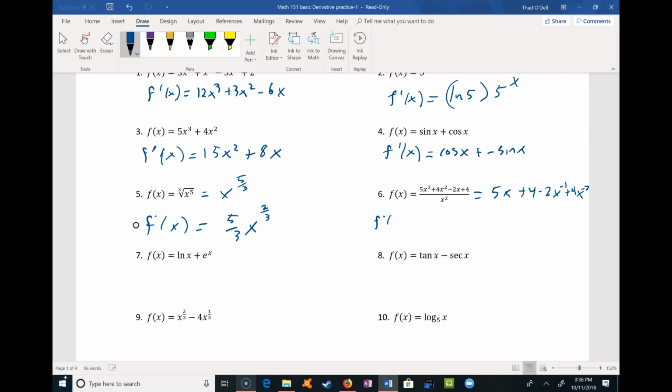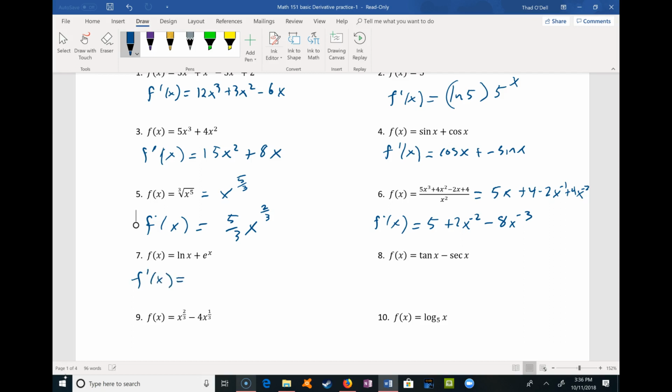So then when I take the derivative, it's all power rule. So that'd be 5, that'd be 0. Well, okay, that's not the power rule, that's constant rule, but plus 2x to the negative 2 minus 8x to the negative 3.